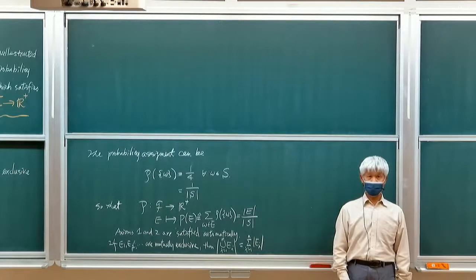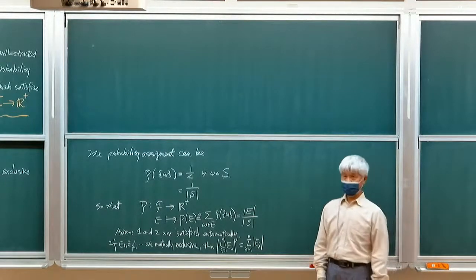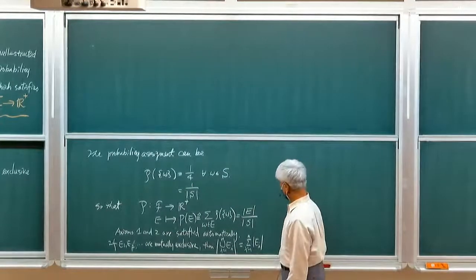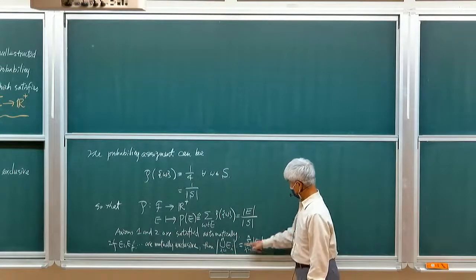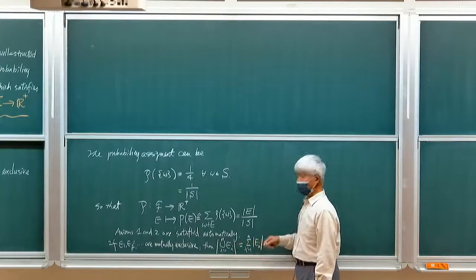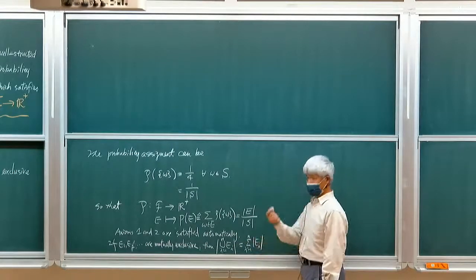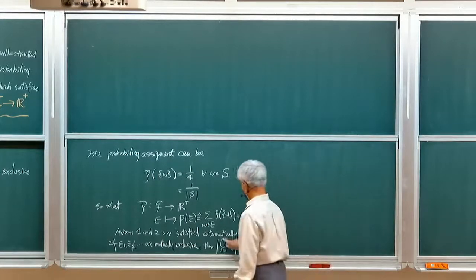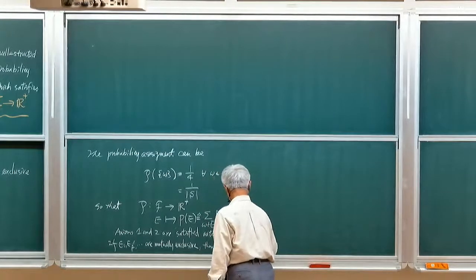Is that okay? And almost all the Ei are empty sets, so the size is zero. Oh, I'm sorry, the sequence is infinite. Sorry.